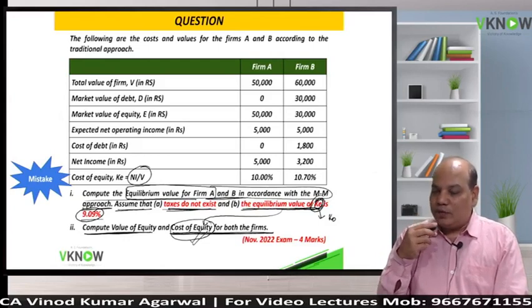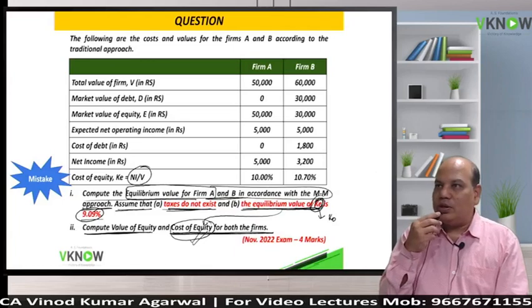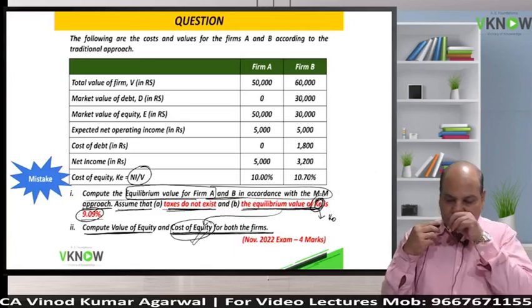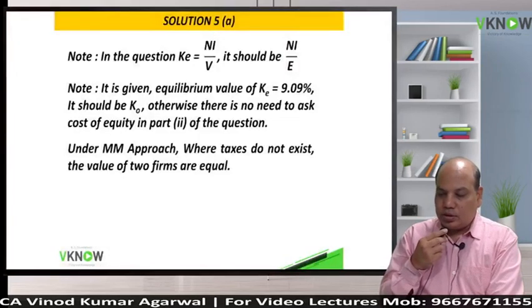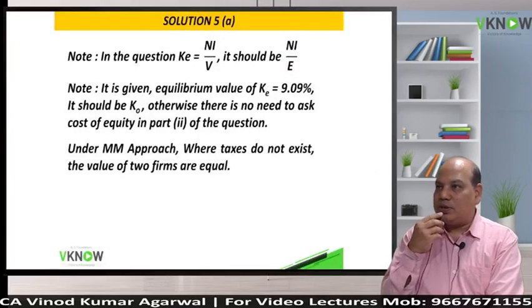So KE of firm B would be higher than firm A because firm B is a levered firm. So one is unlevered firm, one is levered firm. And since there is no taxation, the calculation would be very simple.